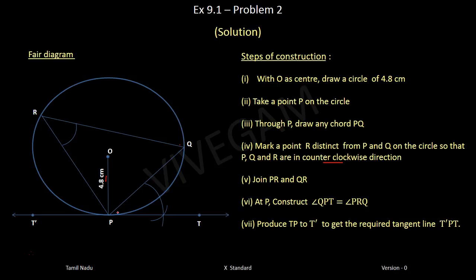If you mark it here, it will be clockwise. It should be distinct from P and Q, and PQR should be counterclockwise. So mark it here. It should not be PRQ, it should be PQR. If you mark it here, it will become PRQ, so you are marking it here.